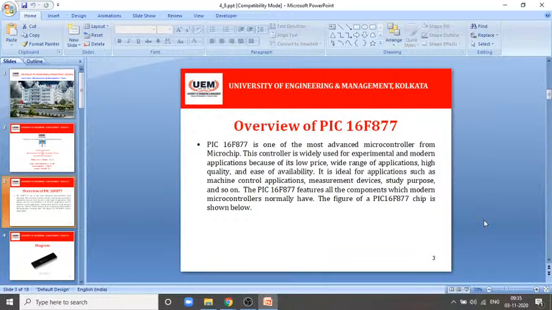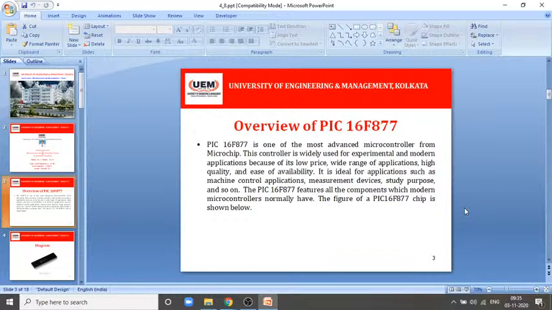The PIC 16F877 features all the components which modern microcontrollers normally have. The figure of the PIC 16F877 chip is shown below. It is observed that PIC 16F877 features all the components which modern microcontrollers normally have.